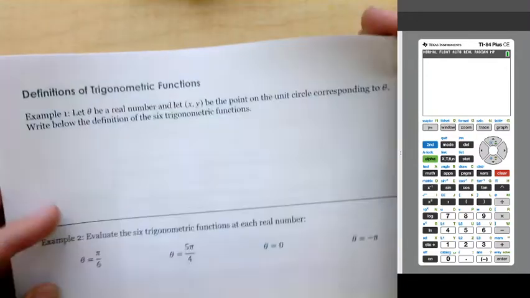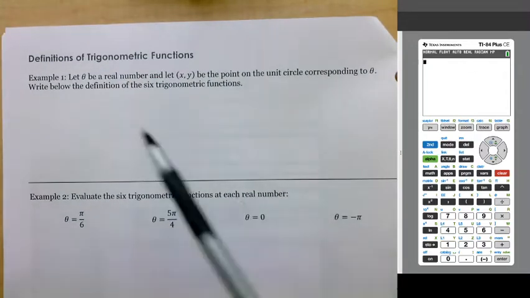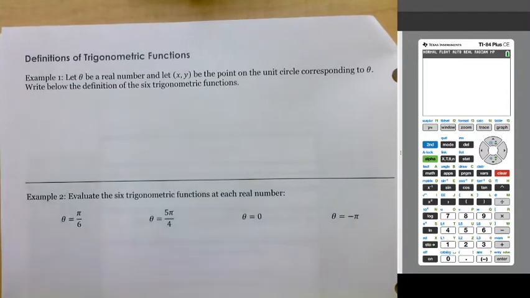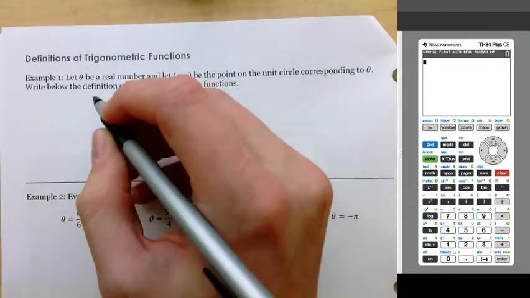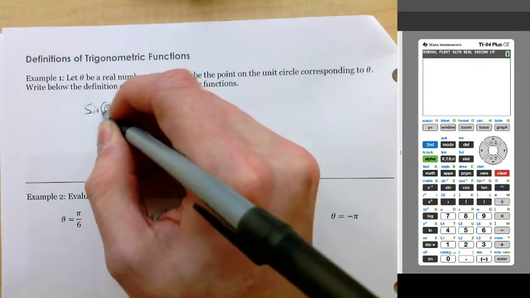So let's start to introduce the trigonometric functions in reference to the unit circle. So the 6 trigonometric functions that we're going to be working with are sine, and I'm going to write sine of theta.